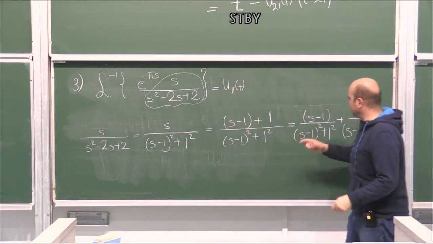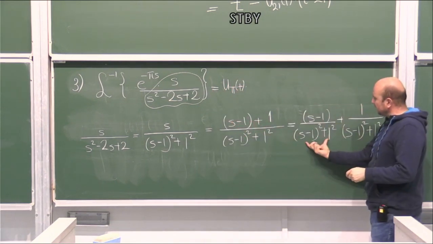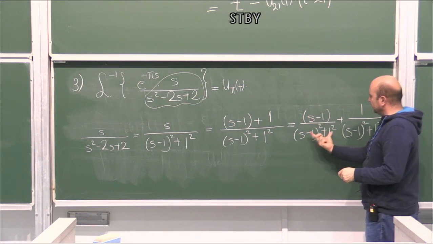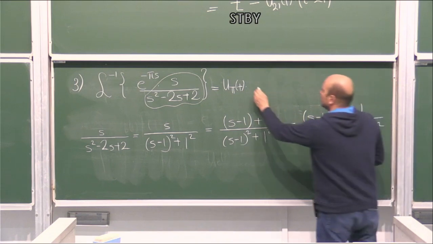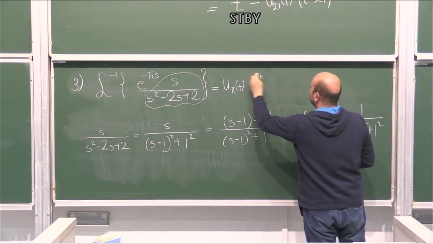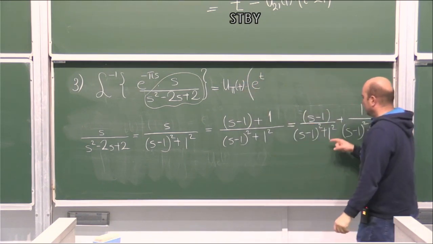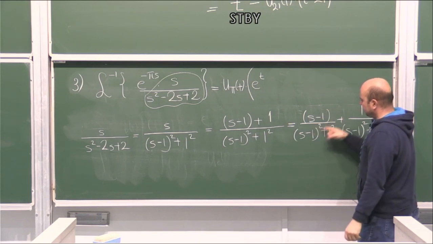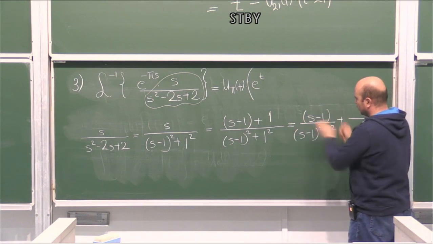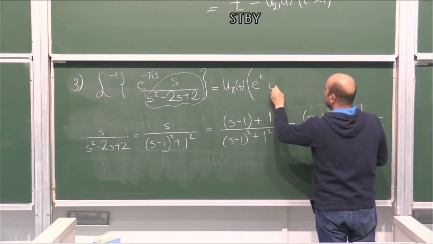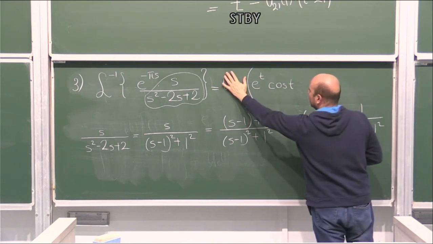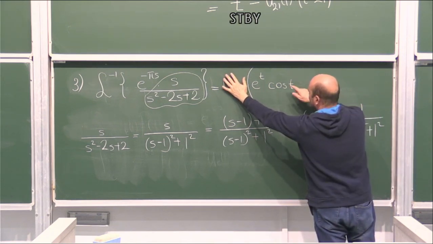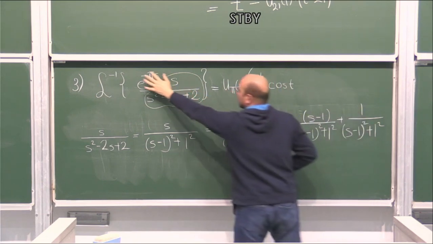So I understand this is u pi of t. Now it's written as separate pieces. These are shifted in the s domain. So in the time domain, there must be an exponential, so there must be an e to the t here. And if you erase all the shifting, this is just a cosine function. So we see this is cosine t. But if there weren't any unit step function, I would write this.